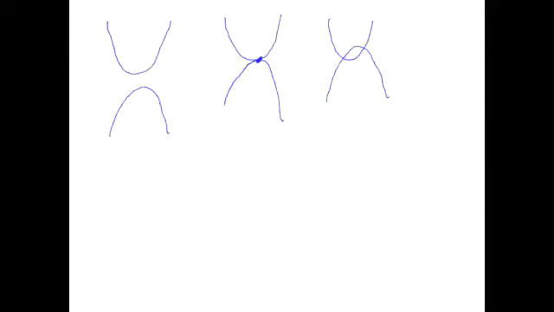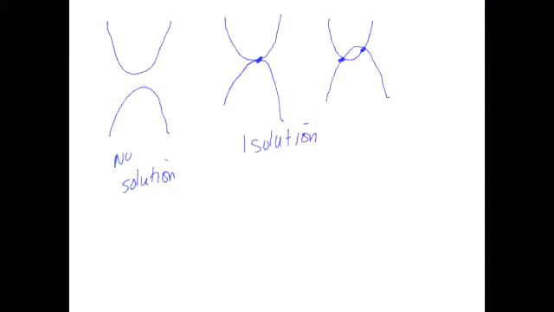So there could be no solutions. There could be one solution. Or the third scenario would be there would be 2 solutions. Okay, 2 solutions. So these are all of the possible scenarios of things that could happen.